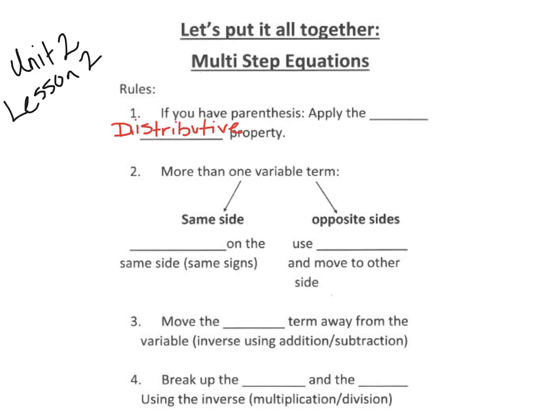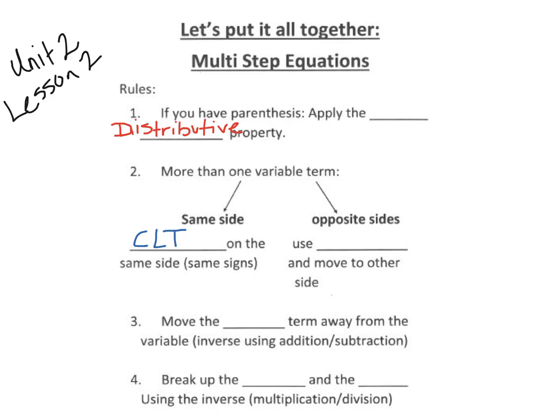Step number 2 is if we have more than one variable term, we still want to circle those, and if they're on the same side, then we will combine like terms. And the signs that we use to put them together with will be the same as their original signs.